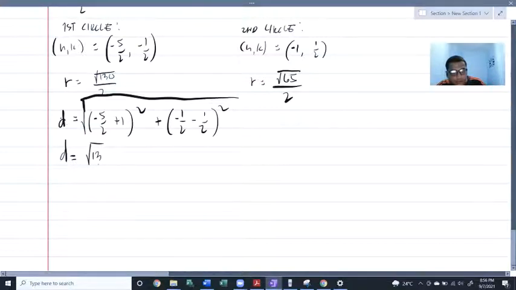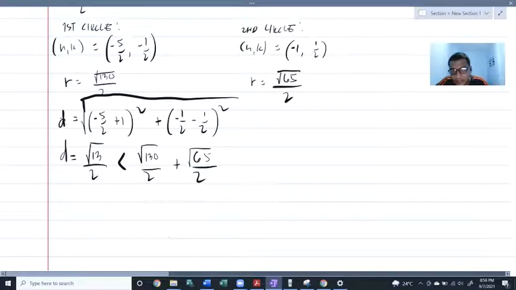Square root of 13 over 2, which is less than square root of 130 over 2 plus square root of 65 over 2. So we can say that the two circles may intersect because maybe the first circle is inside the second circle. We need to verify it by plotting. Okay.